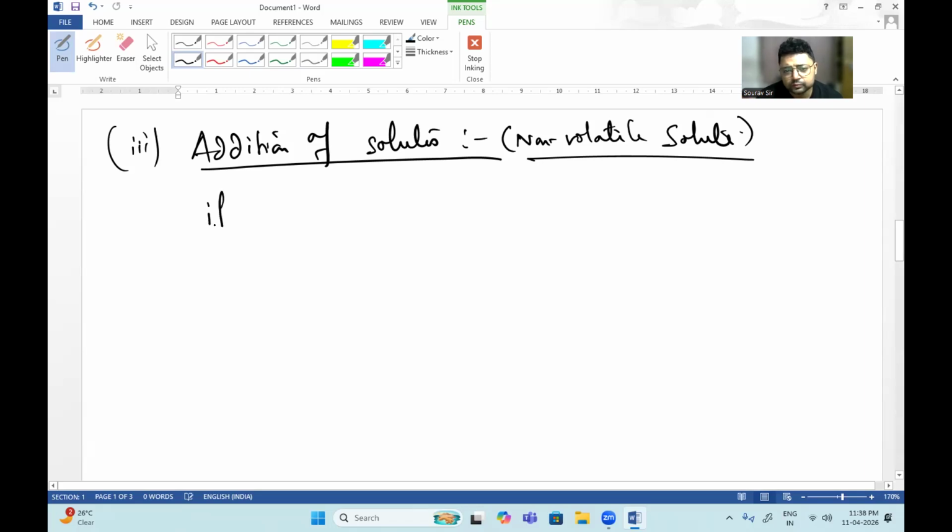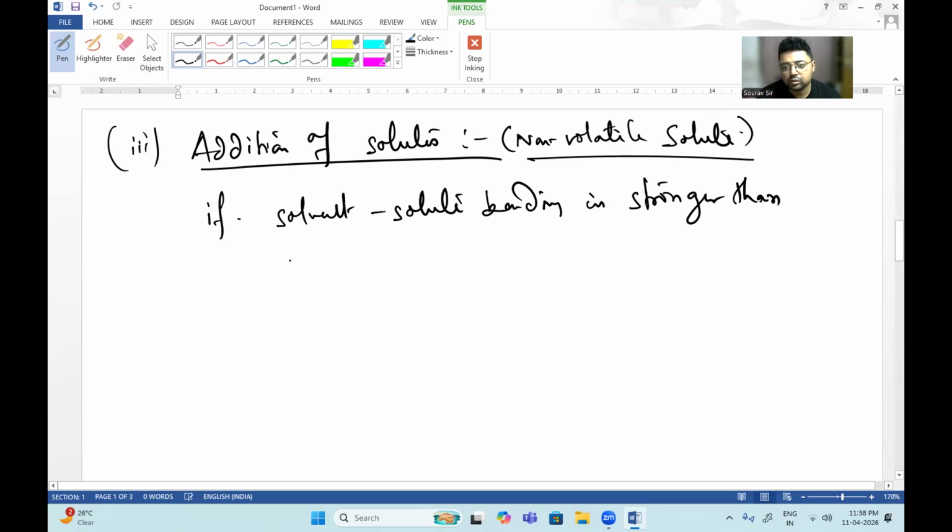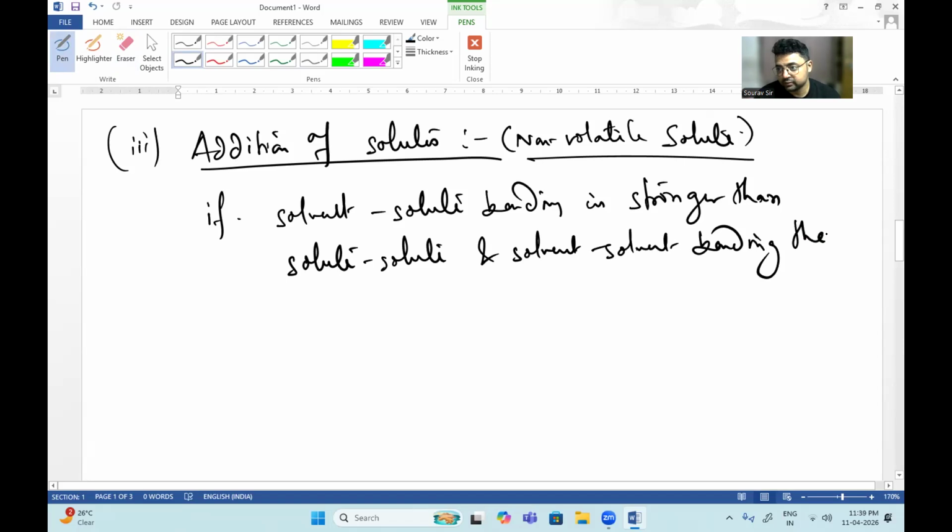Now, if the solvent-solute bonding is stronger than the solute and solvent bonding, then we will observe a lowering of vapor pressure.